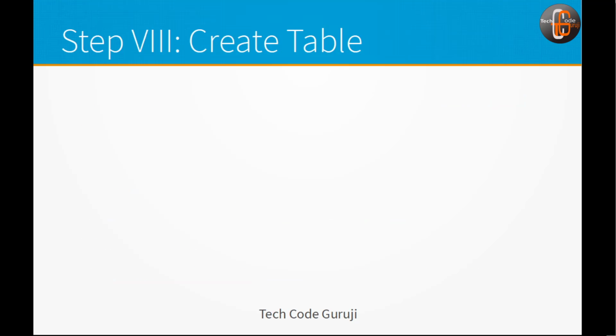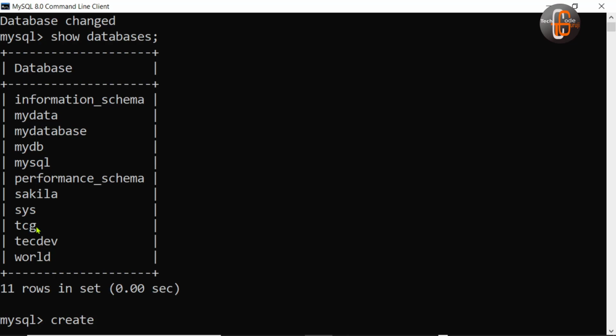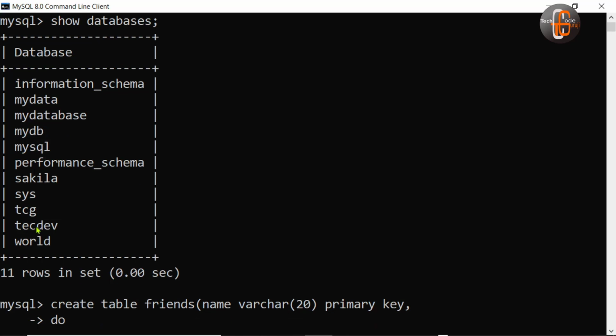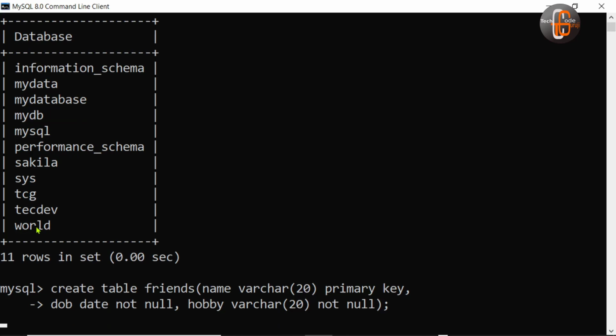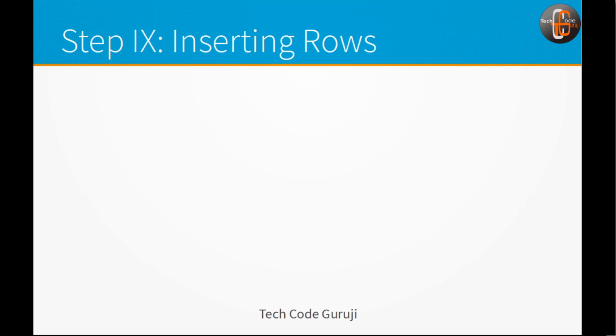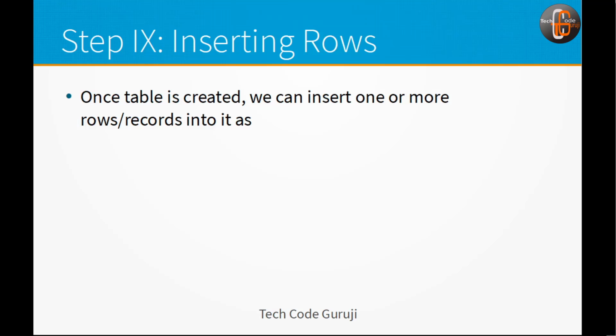Now we have to create the table. We have to write this command: create table friends, name varchar of 20, primary key, date of birth of type date, not null, hobby of varchar 20, not null. Now the table is created. We have to insert rows into it.